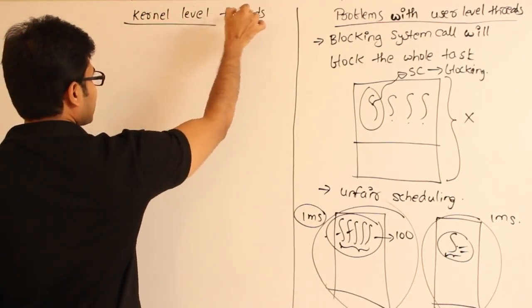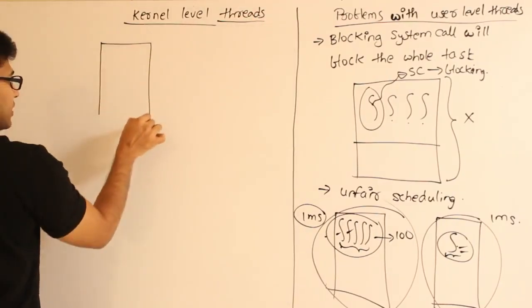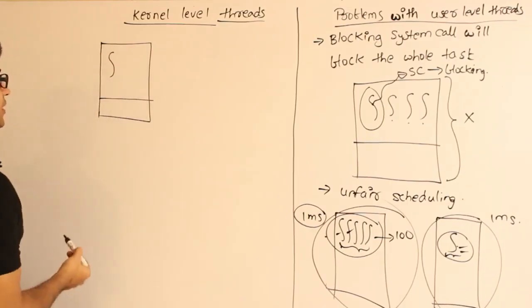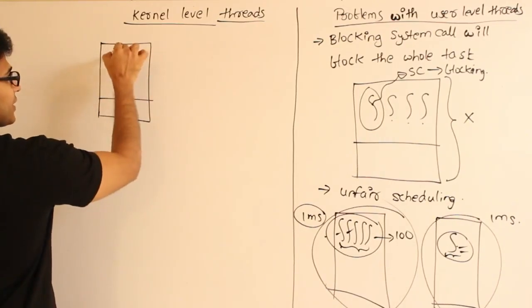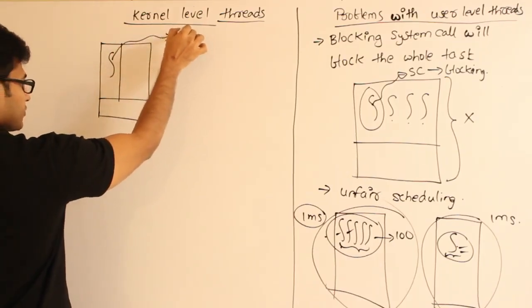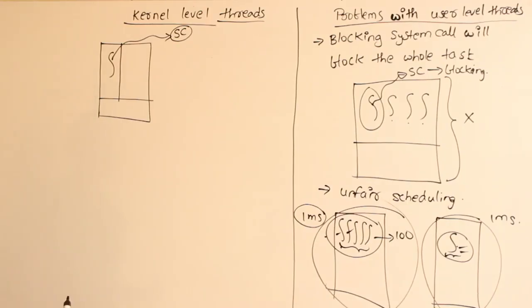In kernel level threads, whenever a process, generally the task, starts, it is going to start with one thread, and whenever it wants to create the next thread, this thread has to make a system call, and this system call is used to create the next thread.